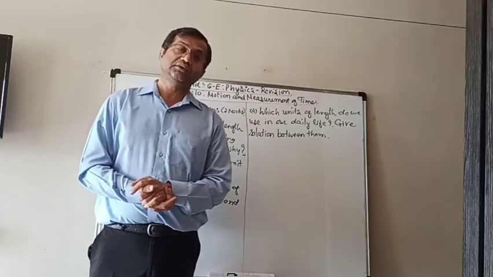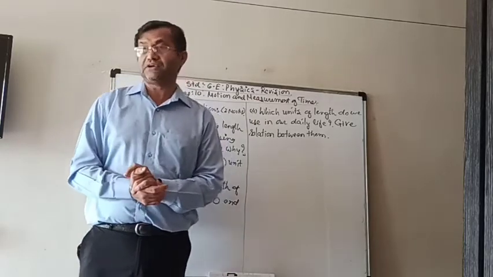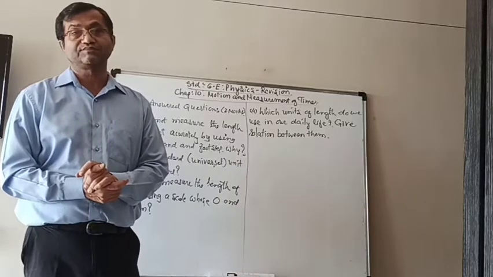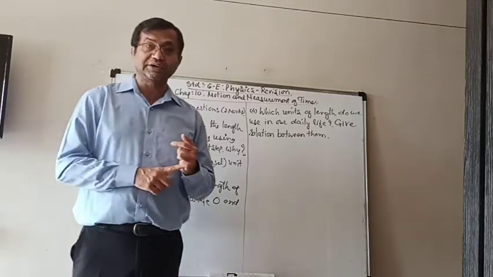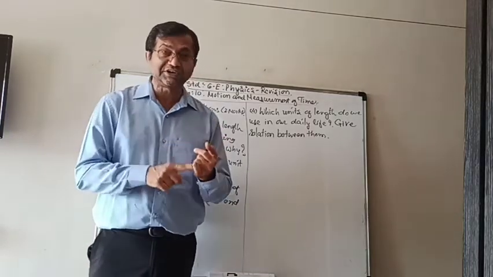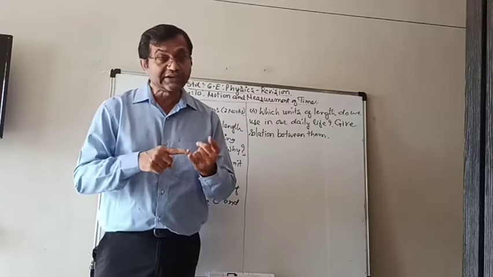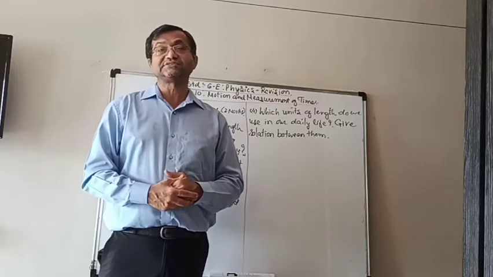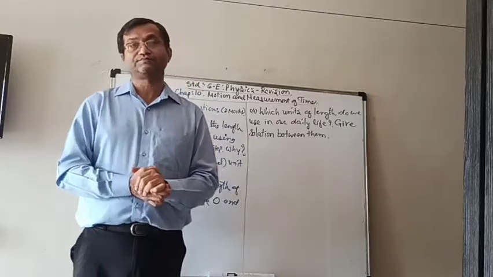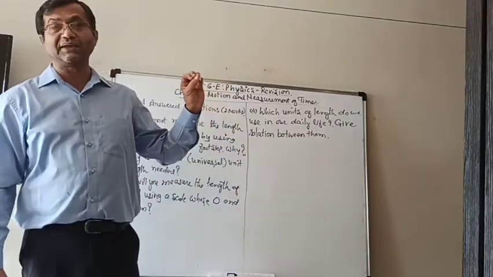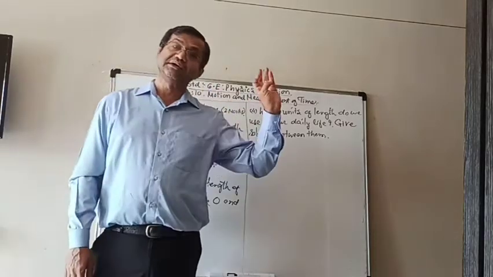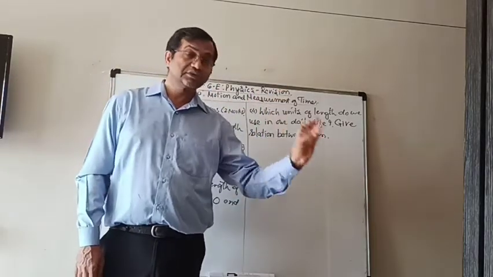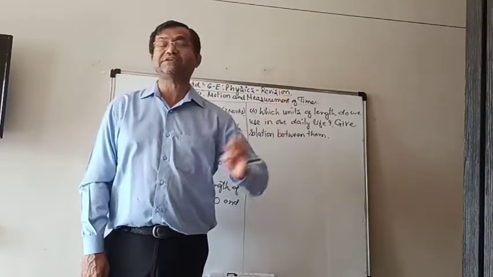We know that we use different units of length like centimeter, meter, kilometer, and the smaller one, millimeter also. So which are the different units of length? Millimeter, centimeter, kilometer and meter.